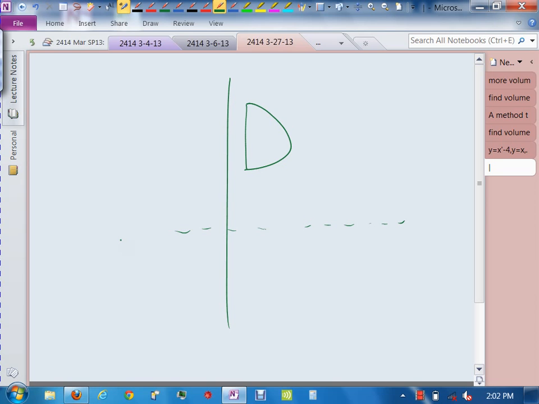No. So you'd have to go shells. But now everything's in terms of y. So your integral would be integral from c to d, 2 pi y, outer minus inner dy. I'm not going to do that, but I'm just showing you this can be extended now.